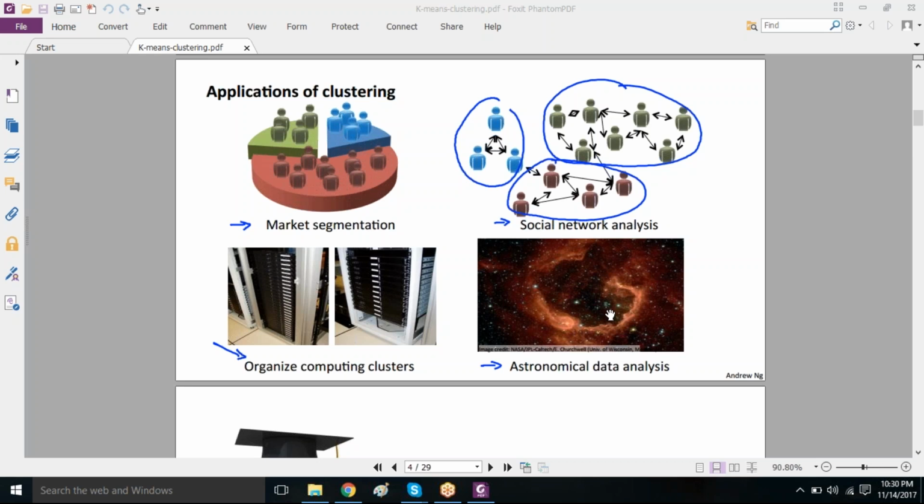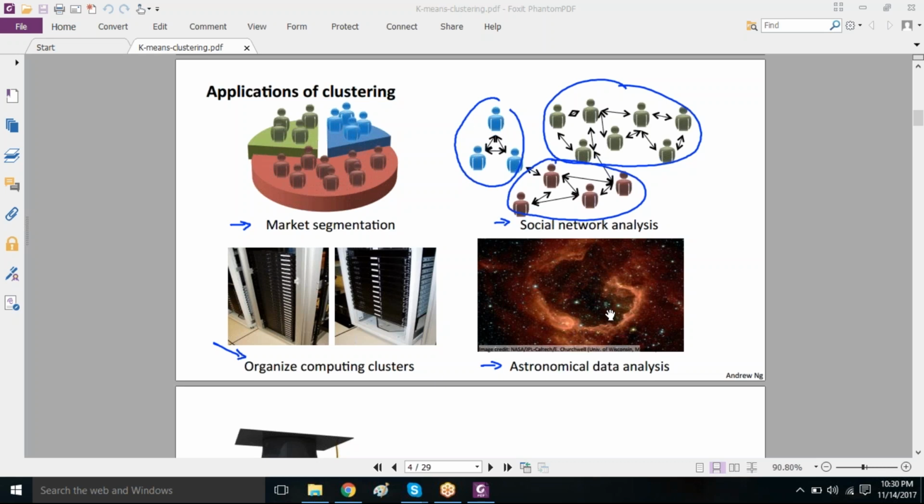Just remember this: whenever you have to find similar kinds of things, and you don't have any class or any labels, nothing, it's all unsupervised.